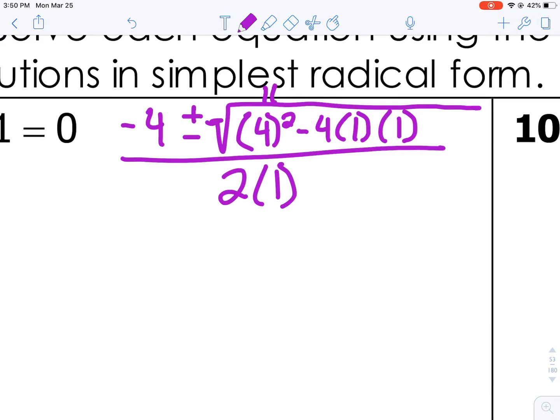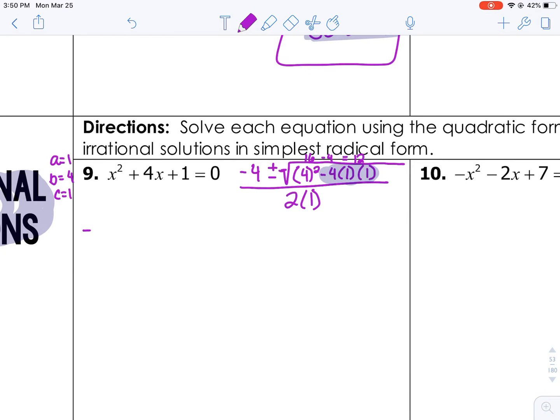So 4 squared is 16. Negative 4 times 1 is negative 4. Negative 4 times 1 again is negative 4. 16 minus 4 is 12. Negative 4 plus or minus the square root of 12 divided by 2.